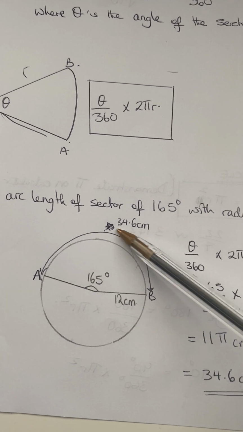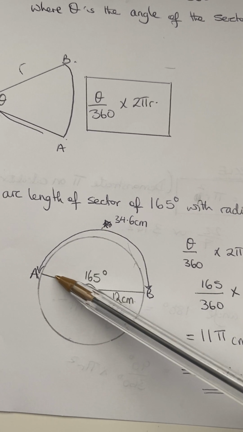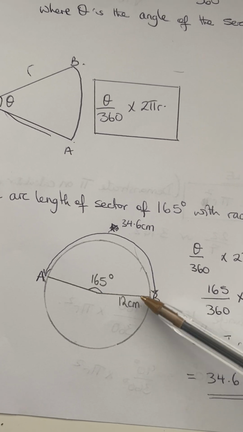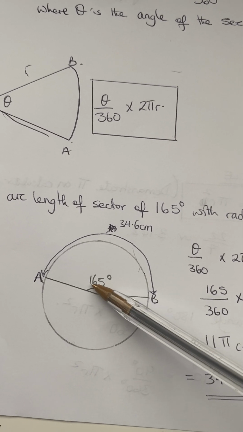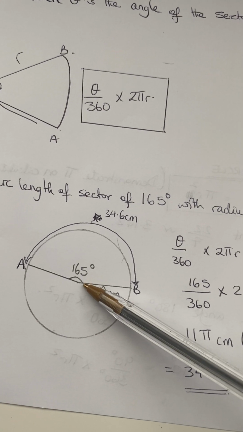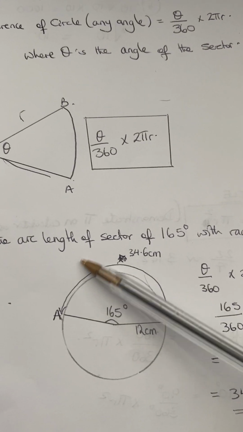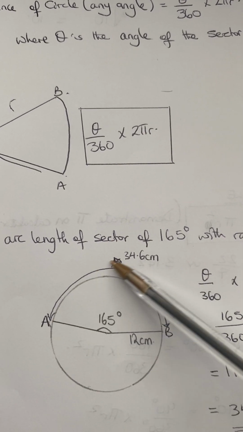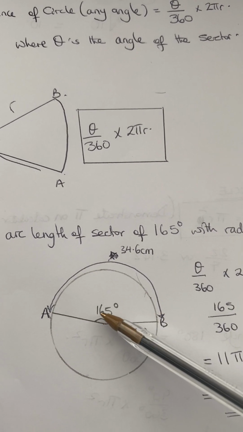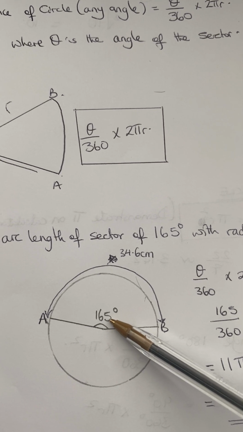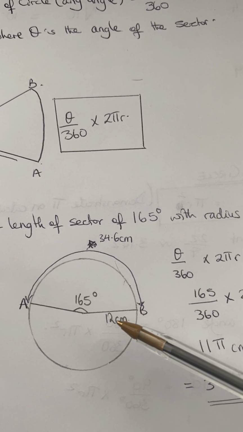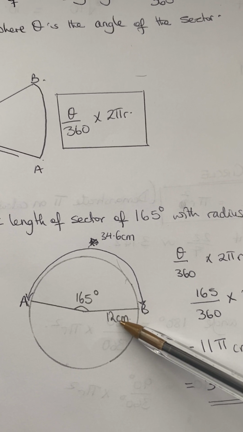It goes from here to here, and that is our sector. This is 165 degrees, and we want to find the arc length from here to there. Angle 165 degrees, radius 12 centimeters.